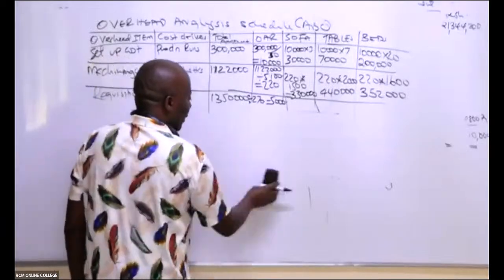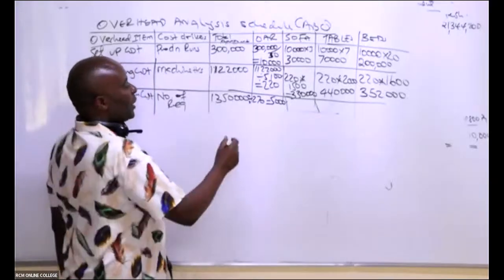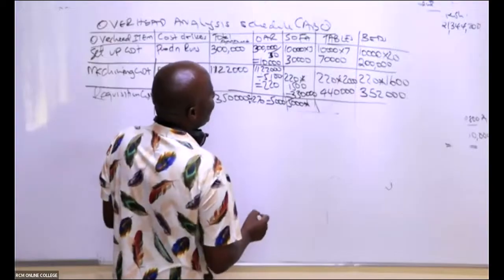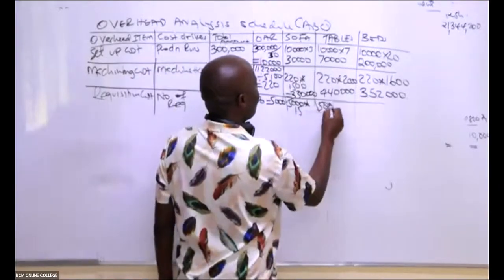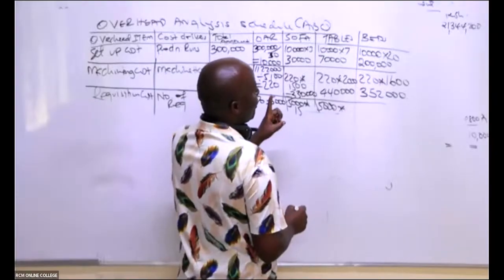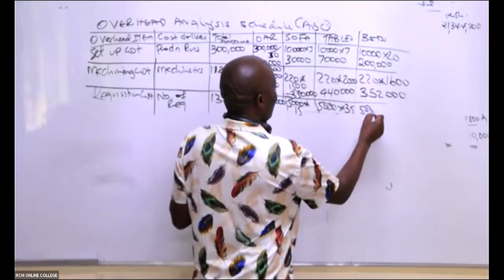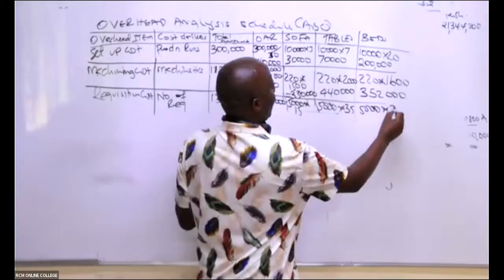I know already you have the numbers. I have to rub my board. So now you're able to give me these numbers. This will be 5,000 times how many requisitions for the sofas? 15. For tables? 35. For beds? 20. Thank you.